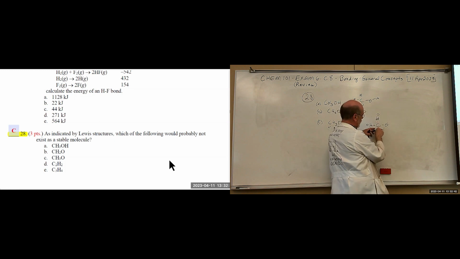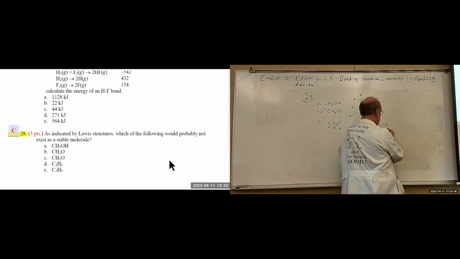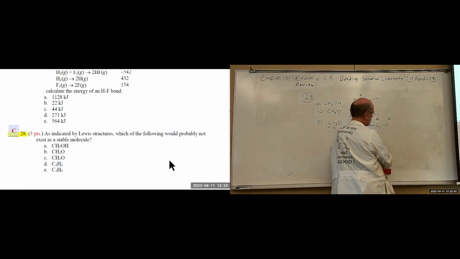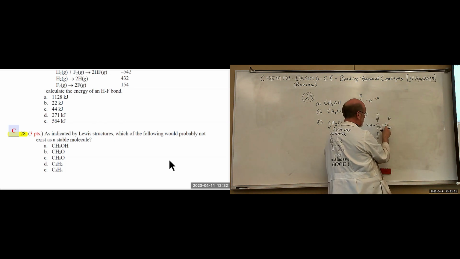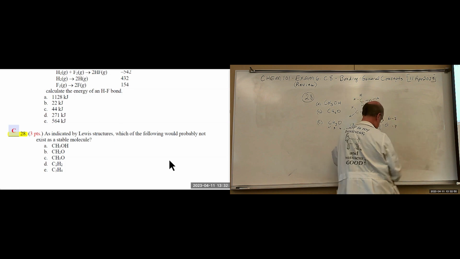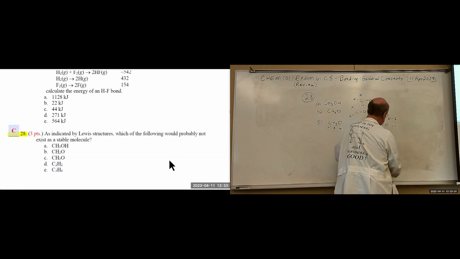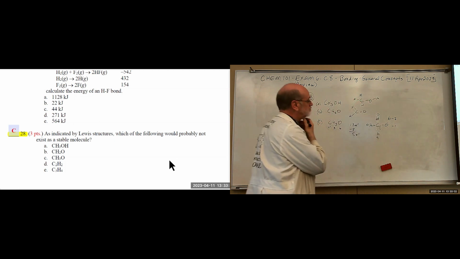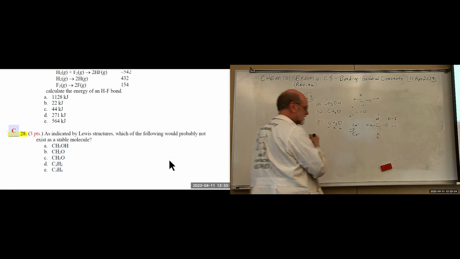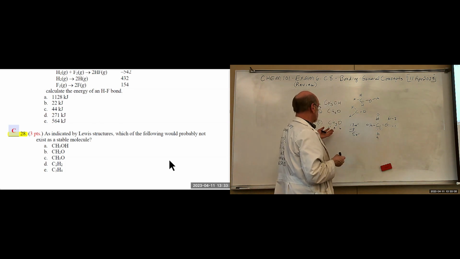This one goes in with 4 and gets 4 back, so it's a zero formal charge. Oxygen goes in with 6, it only gets 2, 4, and it gets 7 back. So this is a minus 1. That would make it unstable. Plus, it'd make it a free radical. Now, that doesn't mean it doesn't exist. It's just not very stable.